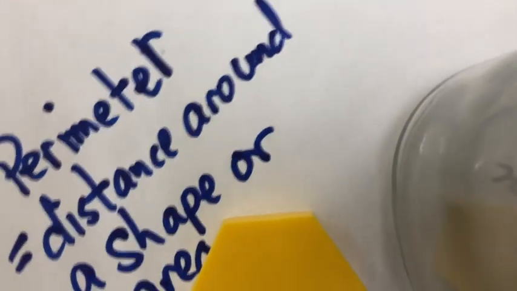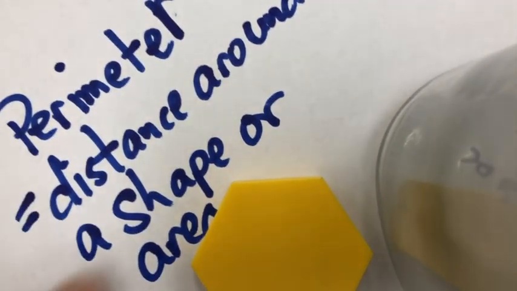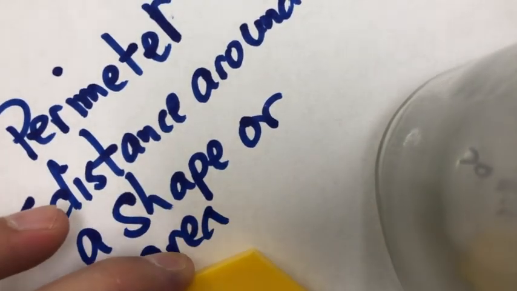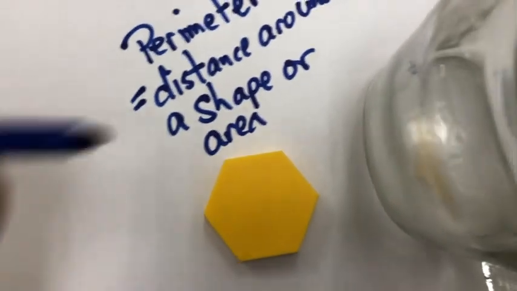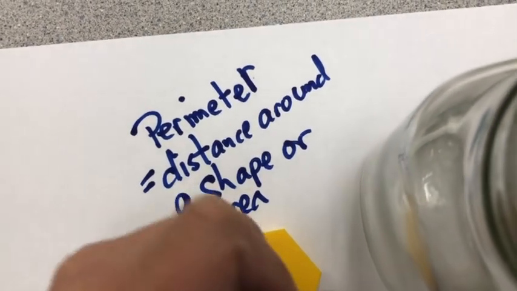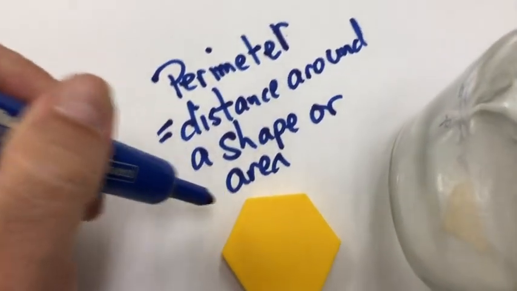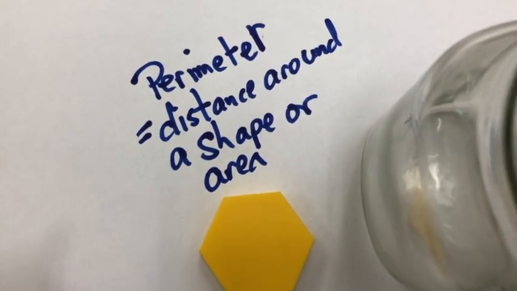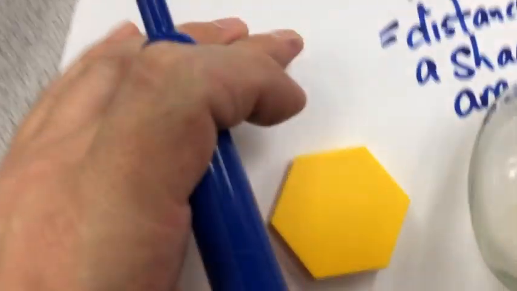What I mean when I say that is, if I was looking specifically at this yellow hexagon here and I want to find out its perimeter, I want to go around the outside of it and measure each of the sides to figure out what the perimeter would be, okay?